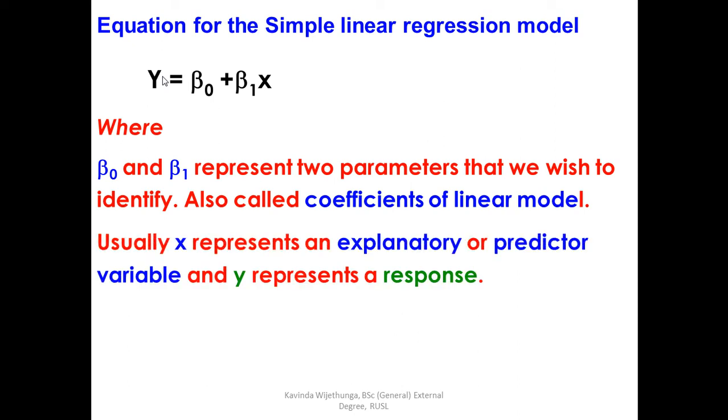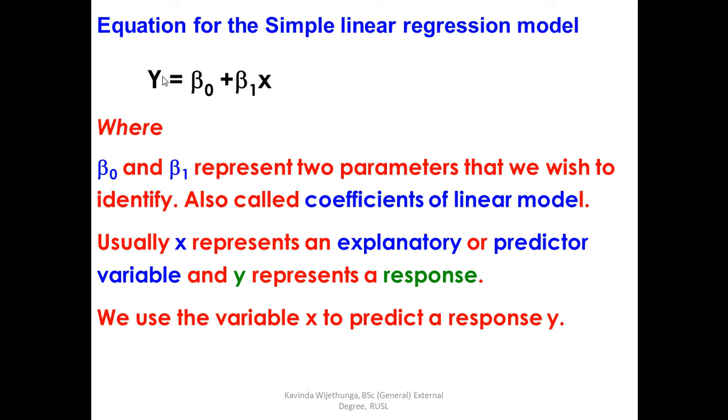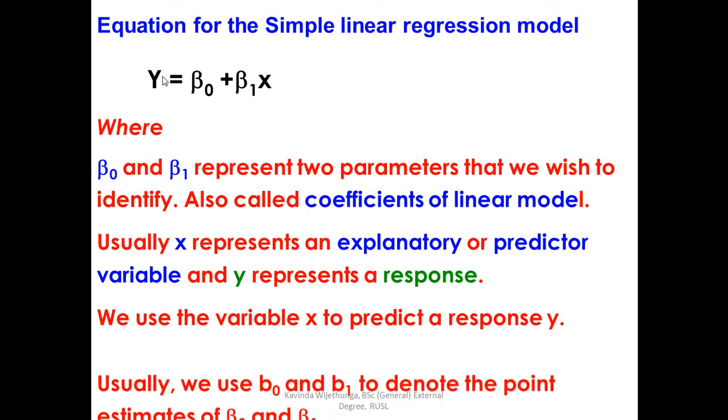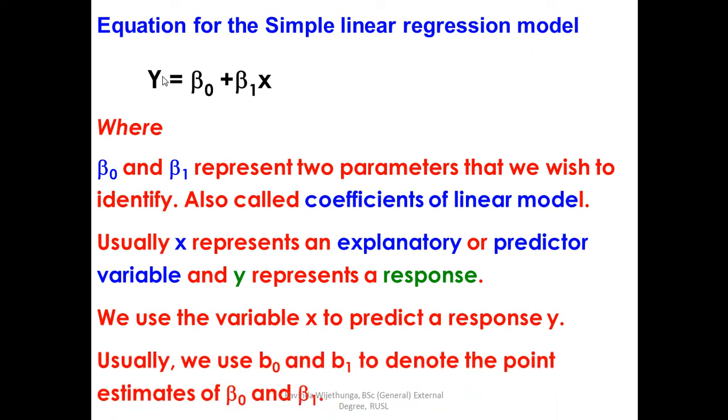Usually x represents the explanatory or predictor variable, and y represents the response variable. And we use the variable x to predict a response y. Usually we use b naught and b1 to denote the point estimates of beta naught and beta 1.